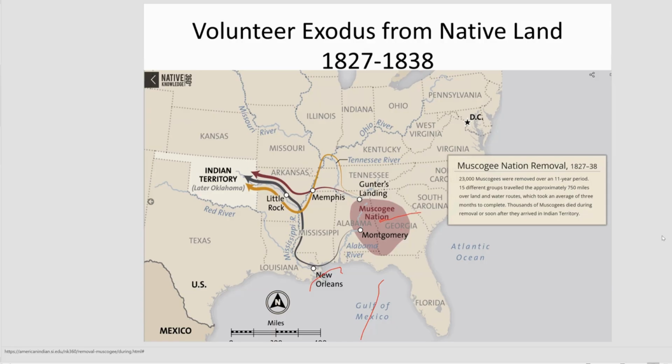So this is showing you their exodus, the path that they took. And I covered this last week, because this is pre-Trail of Tears. For me, all I kept hearing about was the Trail of Tears and the Dawes Roll. That's all I knew, those two bodies of work. But this is showing us that they were exiting before the forced removal to Oklahoma.